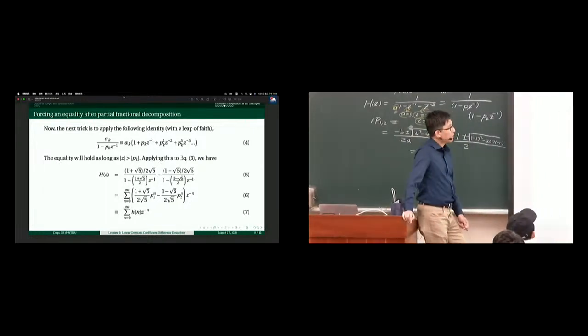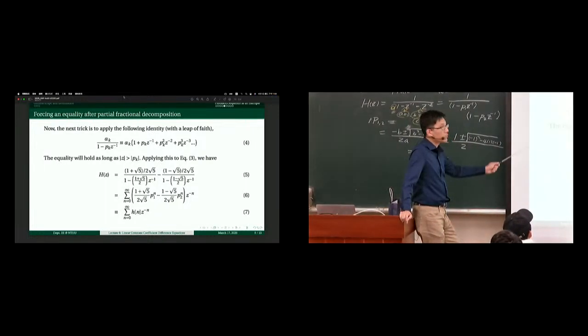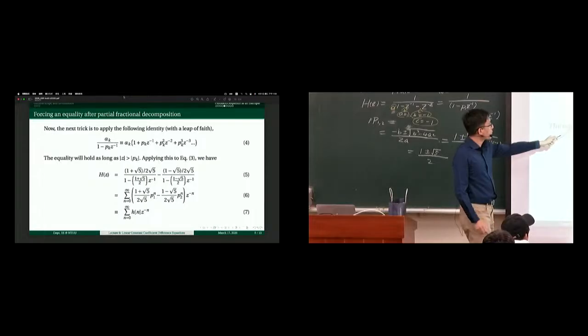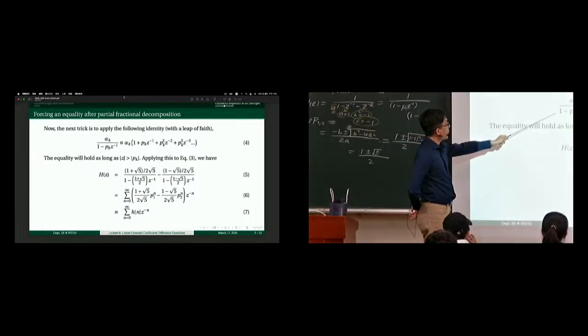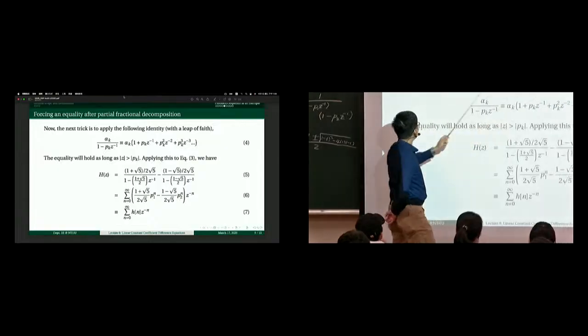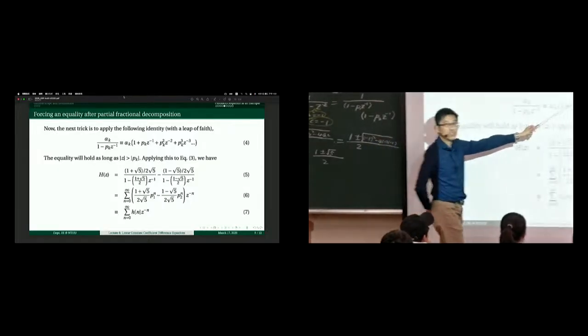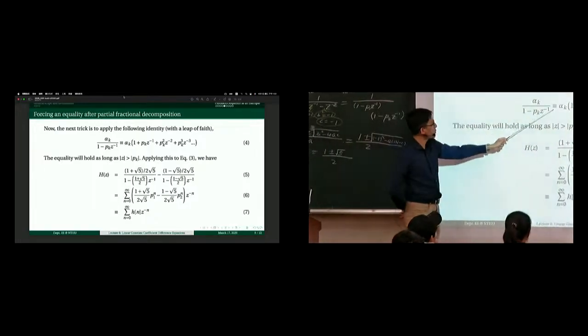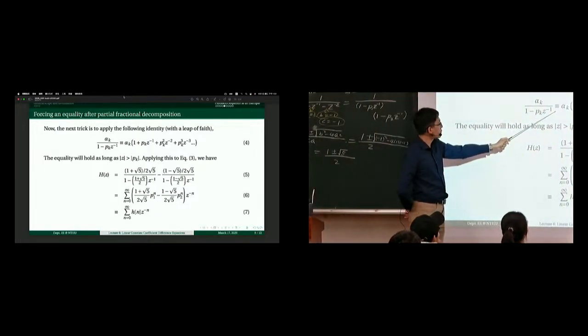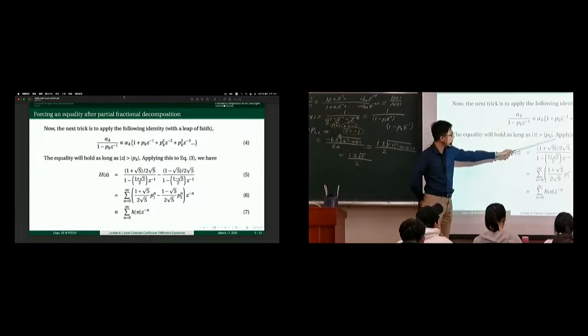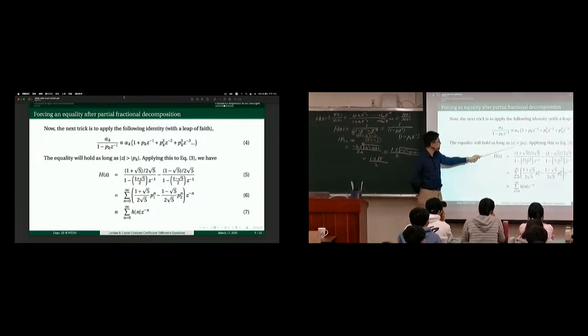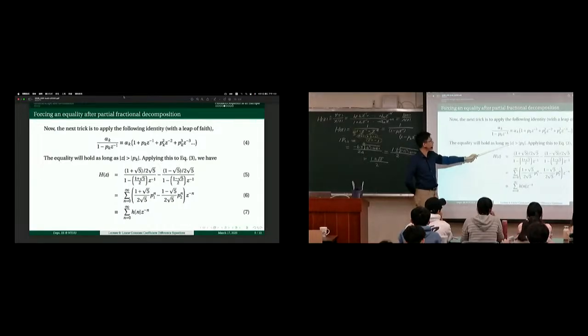Okay, so with that kind of a quick highlight, let's fill in some details right here. This is one key step with a leap of faith. So I say it's a trick. We apply a trick for this following identity, 恒等式. This equality holds as long as we have a sufficient criteria for convergence. So let's take a look.